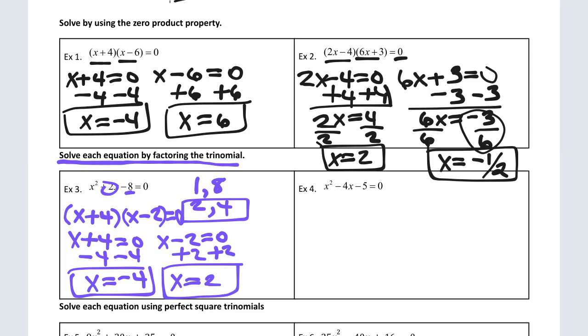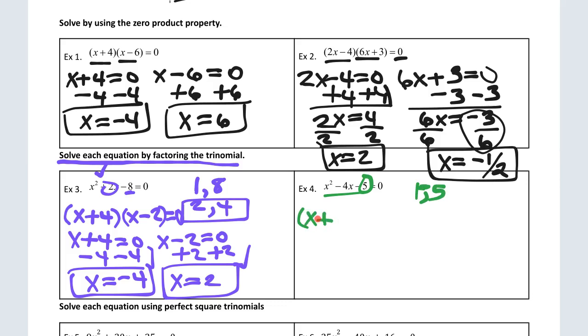Therefore, making sense, x squared means quadratic. Quadratic could mean 2 solutions, and we did find 2. In the next example, factor pairs of 5 would be 1 and 5 only. Which one takes on the negative is 5, because 1 minus 5 is -4.